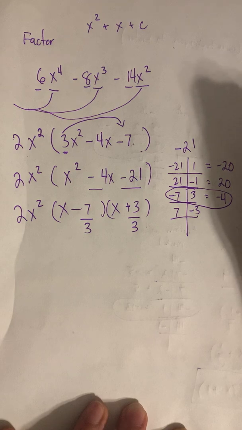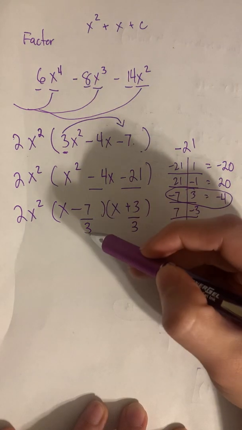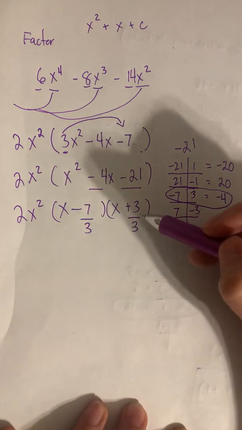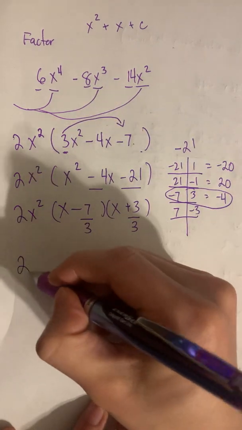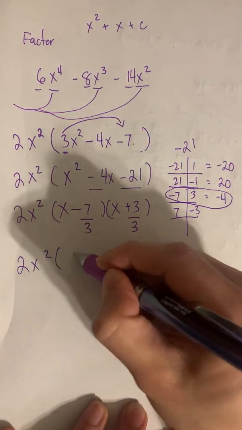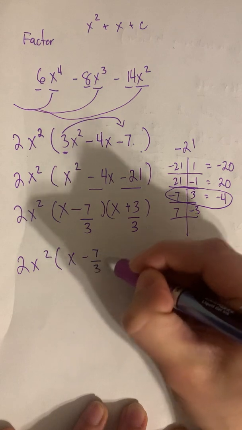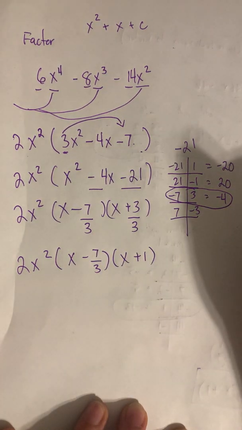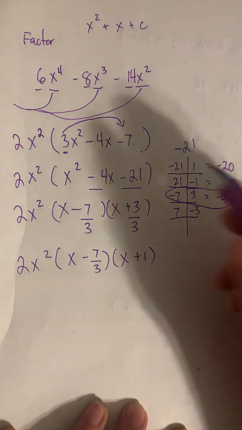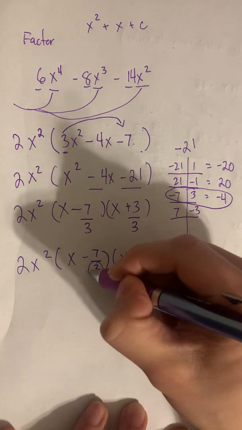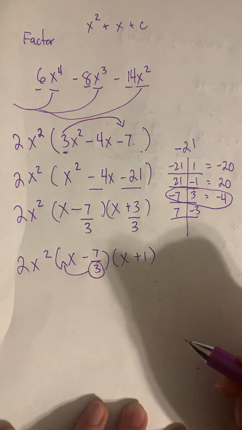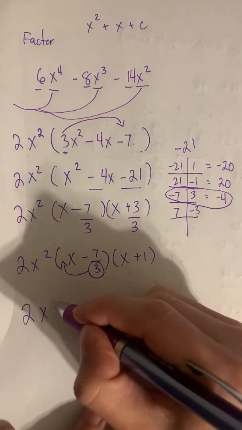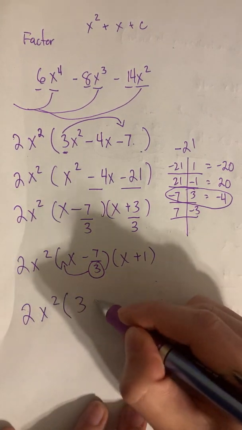All right, so this, we can't reduce anymore. This, we can. So let's go ahead and rewrite it. All right, and again, this is why it's called the bottoms up method. We take the bottom number and move it up in front of the x. So this is the answer here.